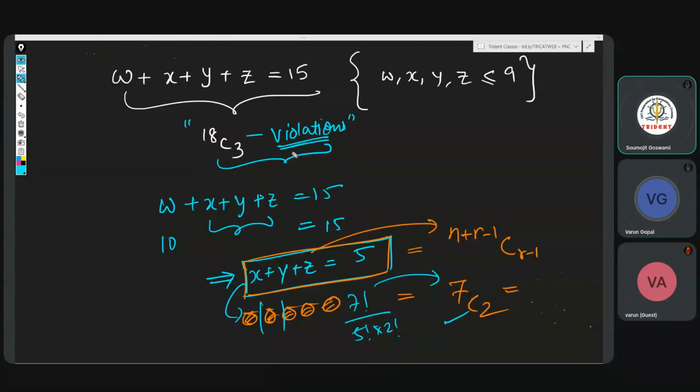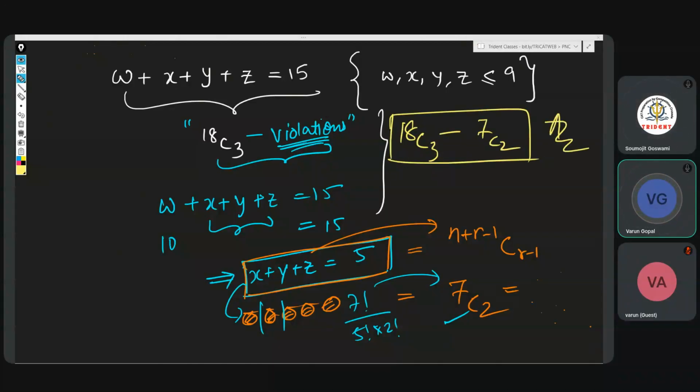Now we have calculated all the violations. So the final answer would be how much? Tell me quickly, guys. Before that, one more doubt: what if W is 11? Then X plus Y plus Z would be 4, right? Hold on. The moment I take one number more than 10, that is enough for me to get every other permutation.